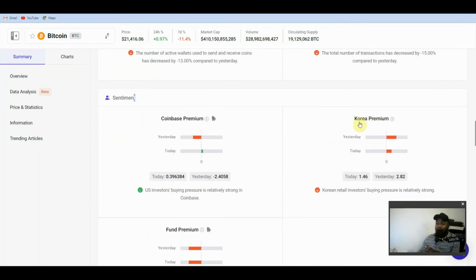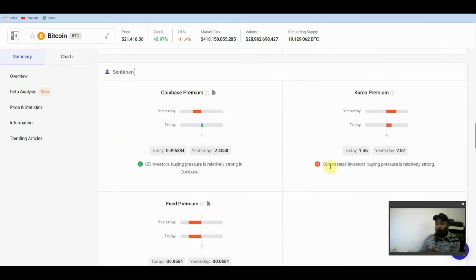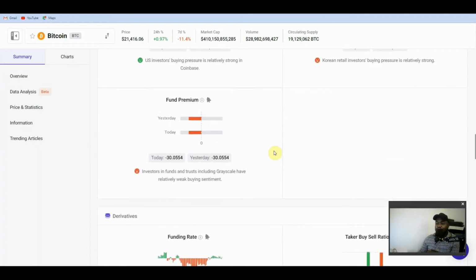Now, the next thing is Korea Premium. Korean retail investors' buying pressure is relatively strong. Another good sign in the market. Fund Premium: what investment funds and trusts, including Grayscale, have relatively weak buying sentiment.